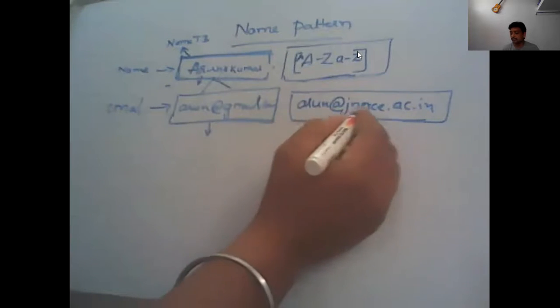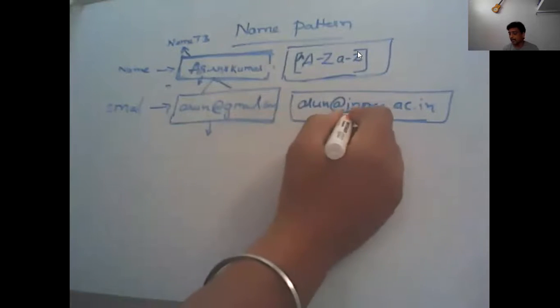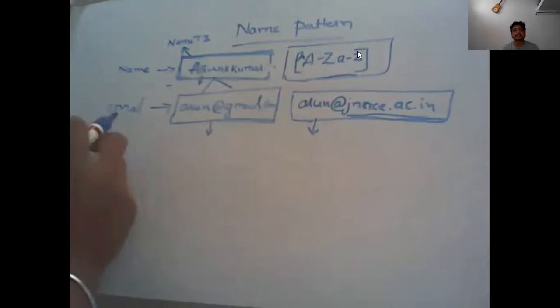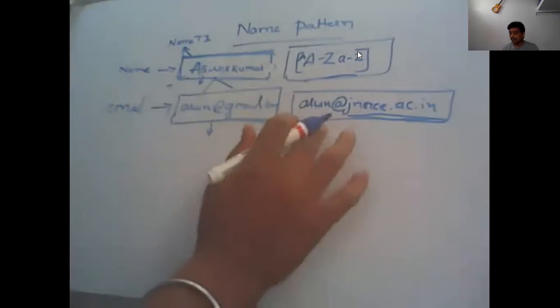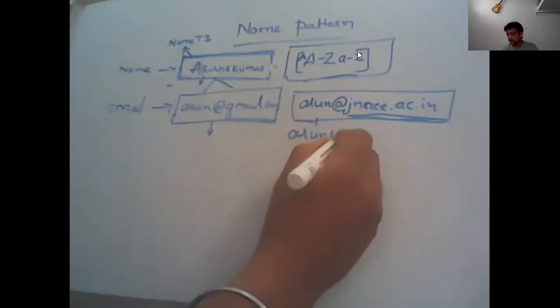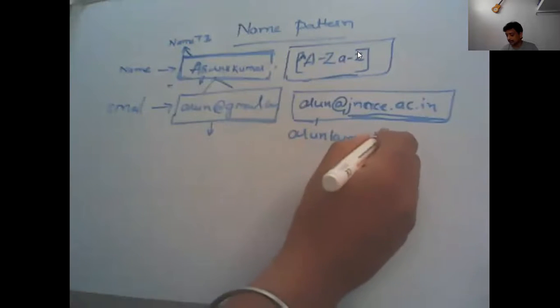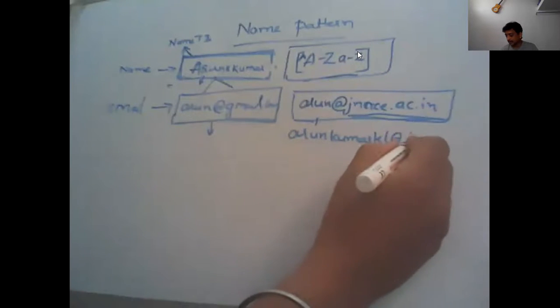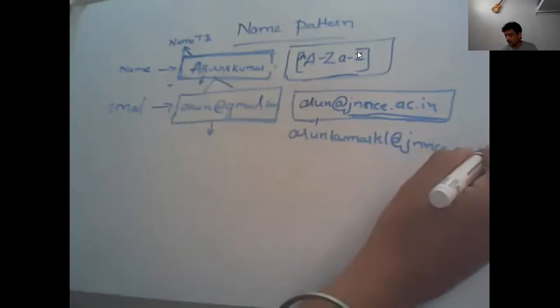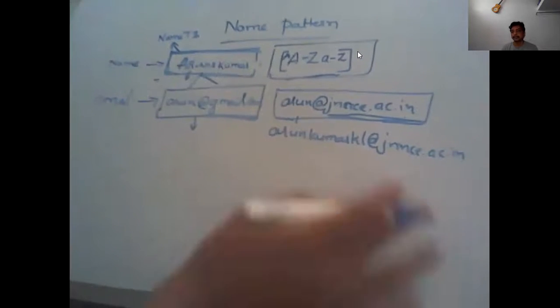It can be from a student or from staff. What extension does the JNNC email come with? We have a mail ID like this. My official mail ID of the college is like this only. My official ID is the same as what I am going to write now: arunkumarkl@jnnc.ac.in. This is my official mail ID of the college.